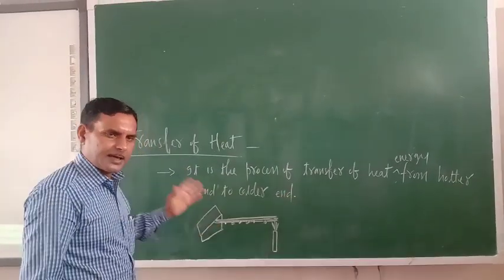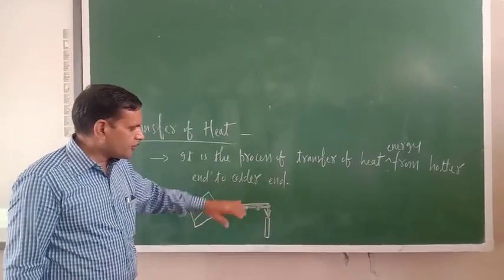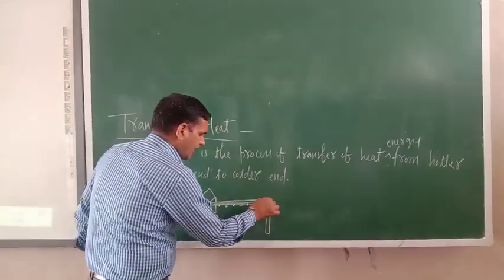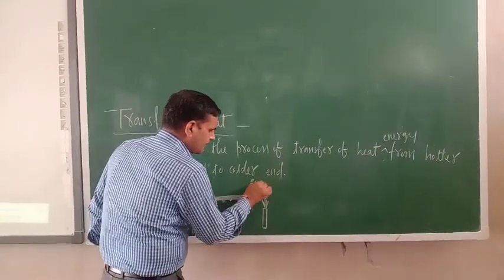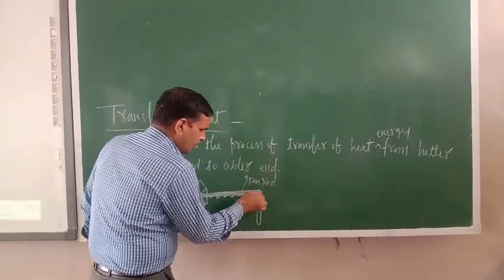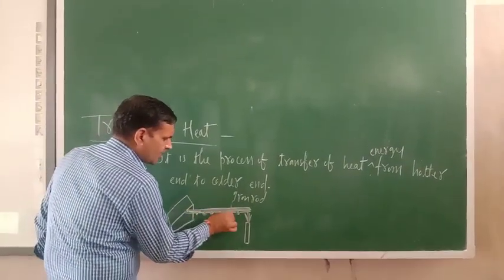Let us take one example. Suppose these are two bricks. In between the two bricks you have taken one iron rod. Now at the bottom of this iron rod you have fixed some wax.